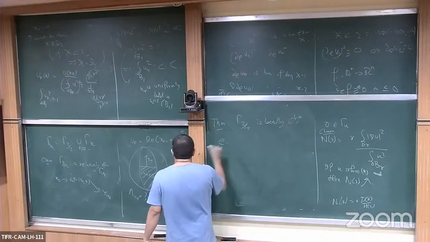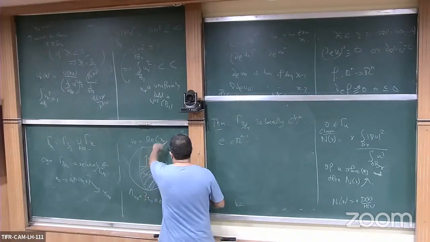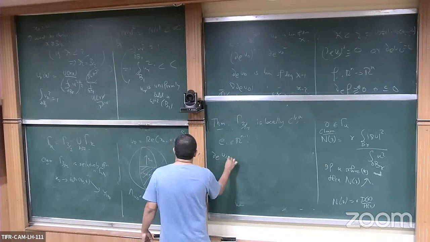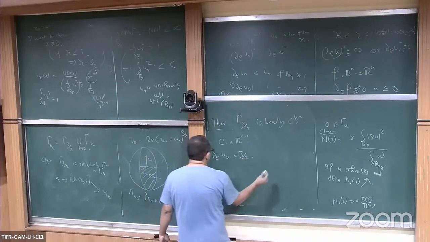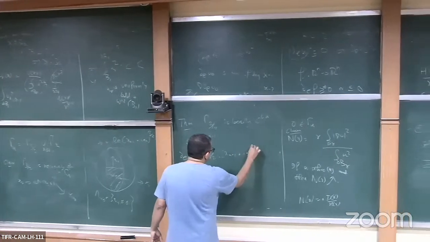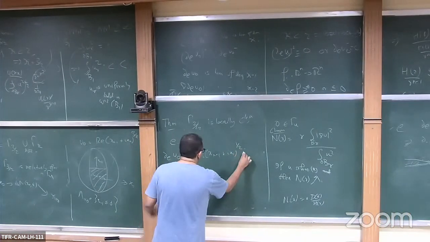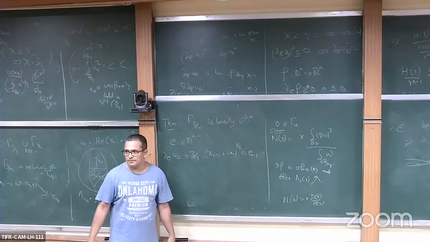So given any e in R^{n-1}, I want to compute the derivative of u0 in direction e and see how the behavior is. So 3/2 comes out, and then what you get is (x_{n-1} + i x_n) to the power 1/2 times e dot e_{n-1}, right?